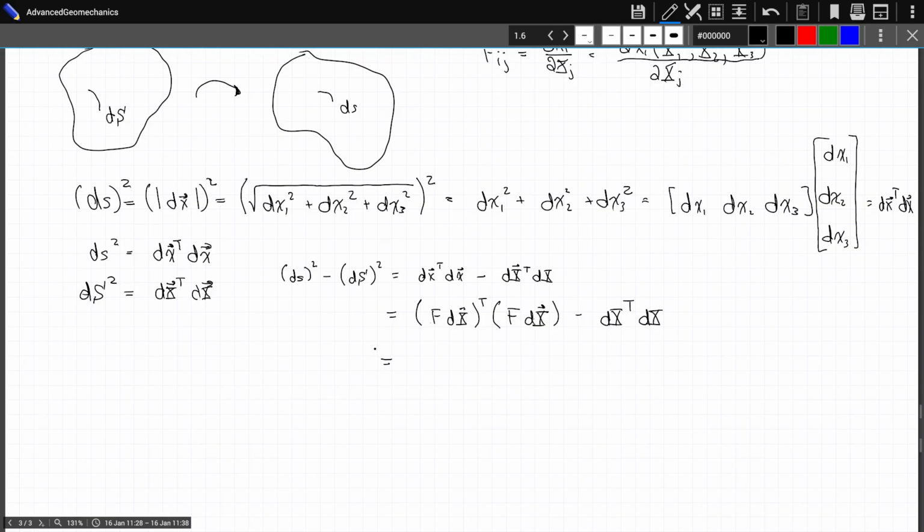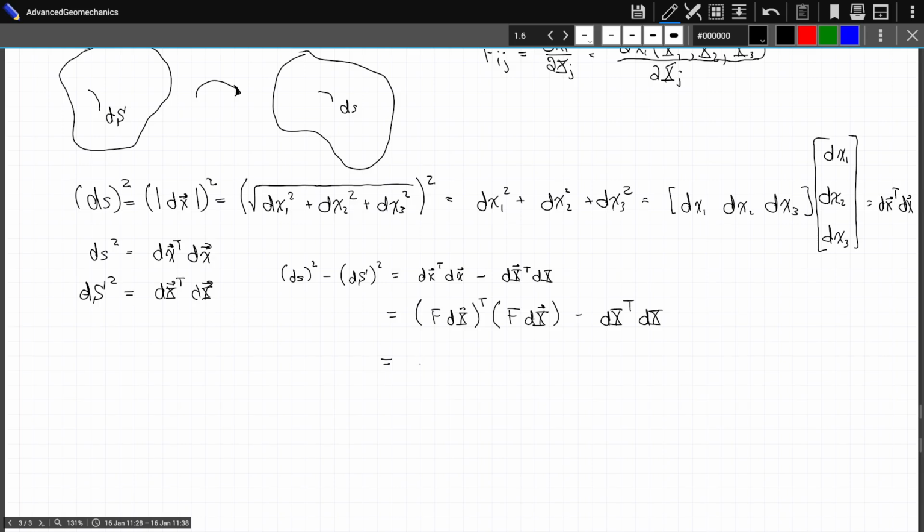Now, whenever you have a transpose operation, if you have the multiplication of two terms and then it's transposed, does anybody know how that works out? If you want to distribute the transpose, what do you do? Yeah, you distribute the transpose and you swap the order.